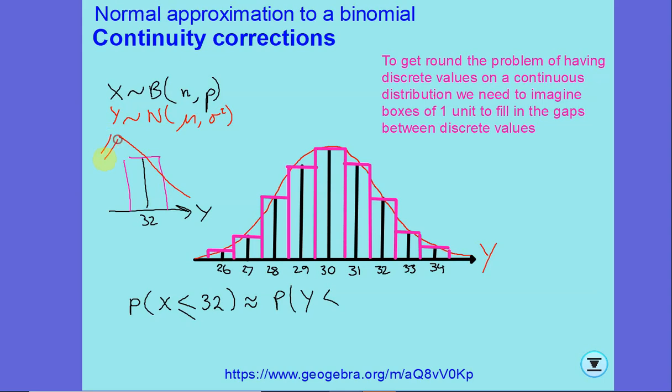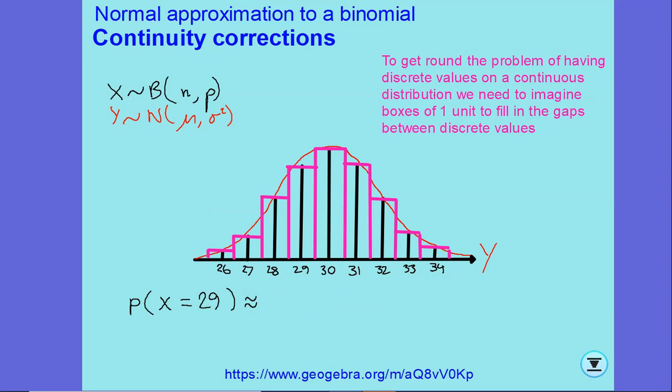So we definitely want this area less than 32, all of this to the side, but we also want it to include 32. And when that happens, we go into the box, but to the other side of the box. Once you go in the box, you don't stop halfway, you go all the way across. So this is the same as working out this. We can't do it because we don't have any of the parameters. This is called the continuity correction.